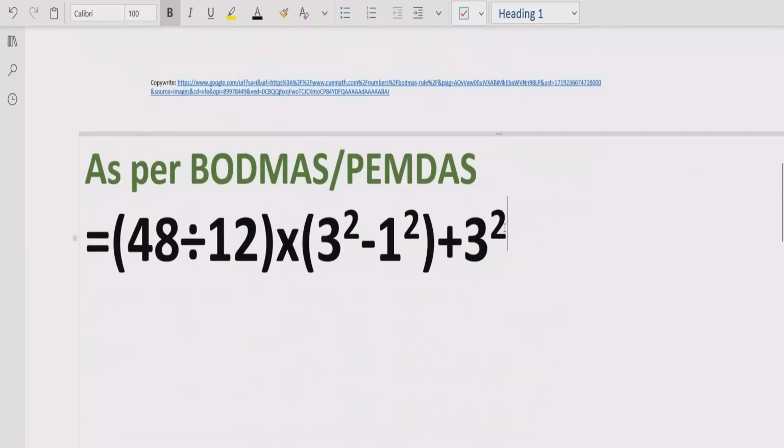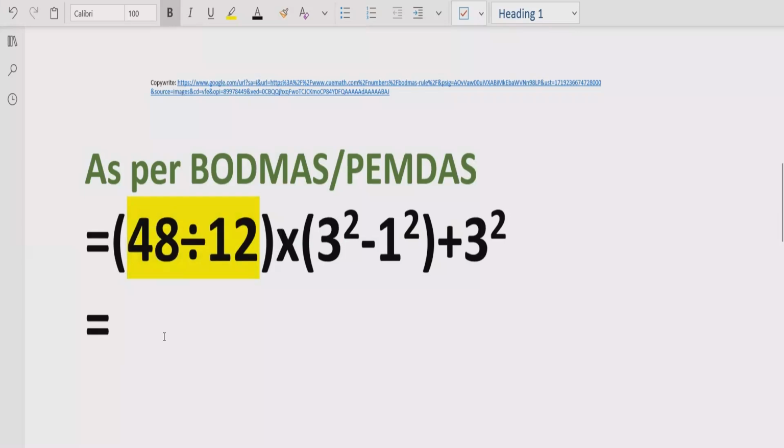Now, according to the BODMAS and PEMDAS rule, first of all, we have to solve the brackets. So first of all, we will solve the first step, which is B, this one. Then here we will solve this bracket first, which is 48 divided by 12.